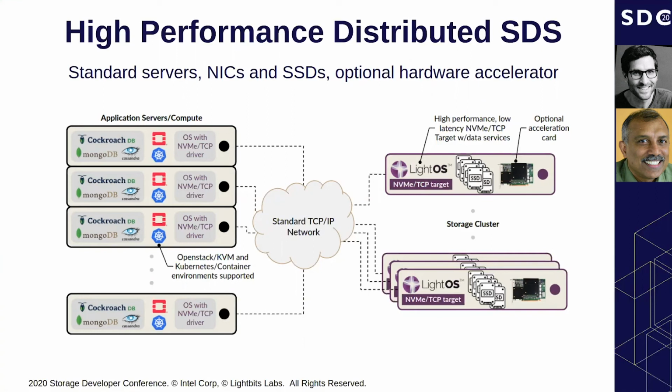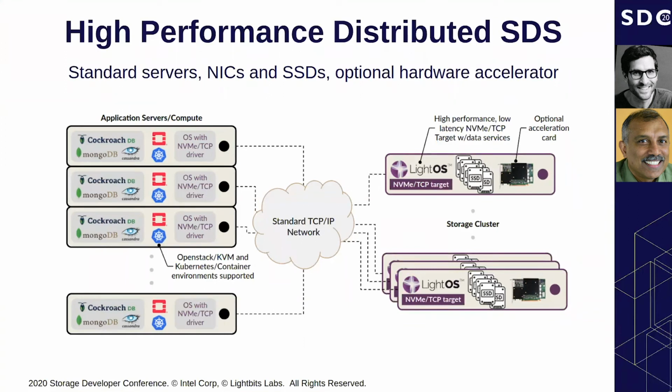These are Linux boxes that support NVMe, NVMe over Fabrics, and NVMe over TCP. They could be orchestrated together using something like Kubernetes or OpenStack, which is supported by our platform and integrated. And they host all the applications that need storage, basically.